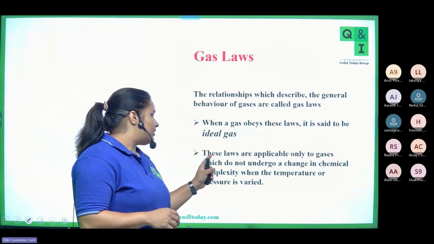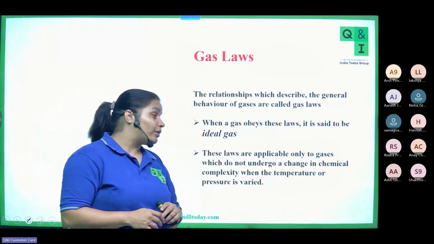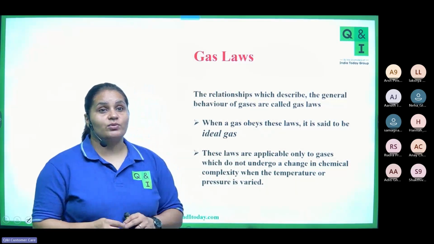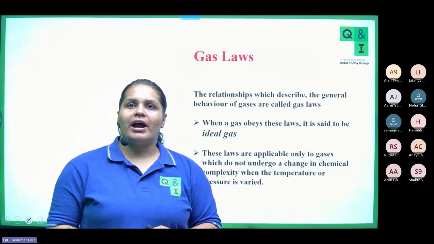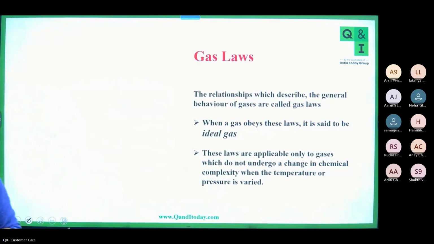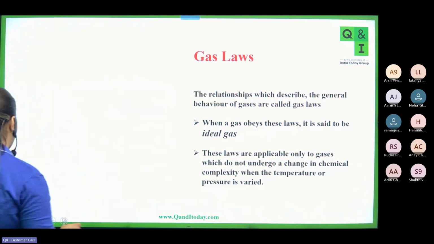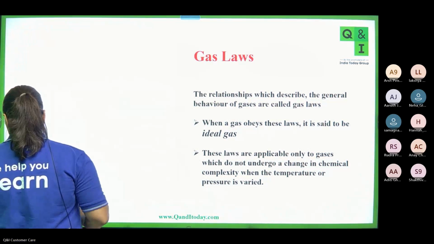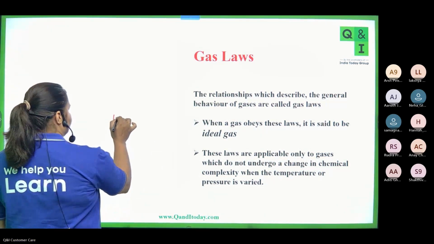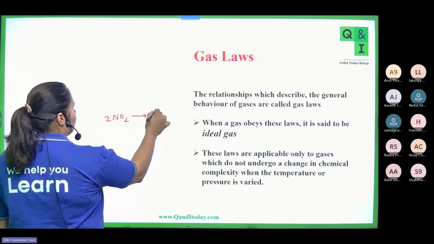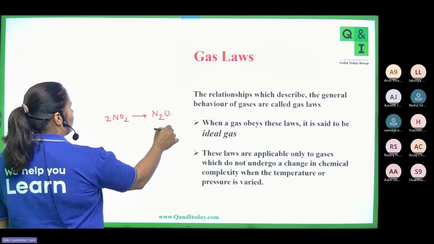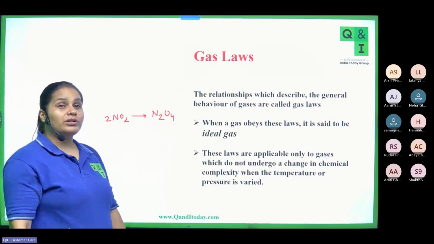One thing more, these laws are applicable only to gases which do not undergo change. For example, suppose I'm having NO2 and I decrease the temperature, it will become N2O4. So this should not happen.